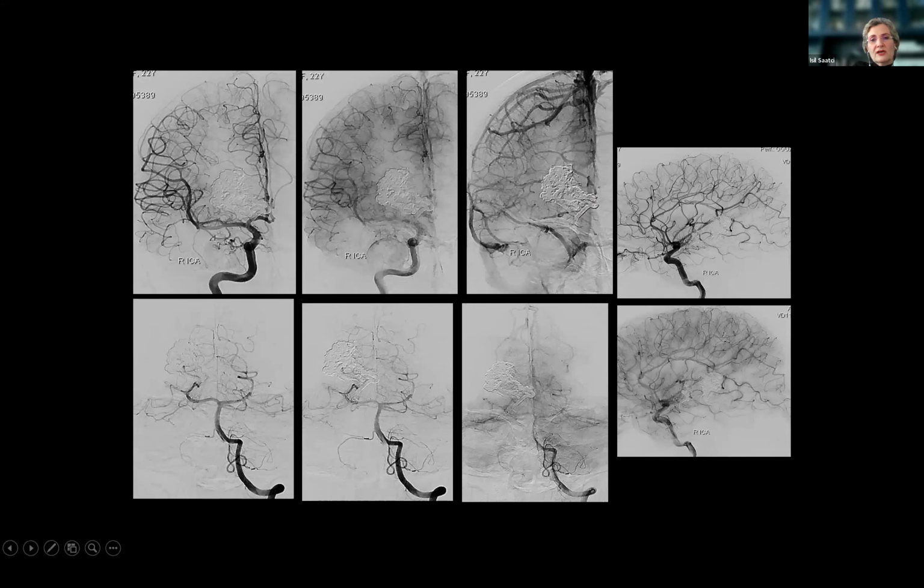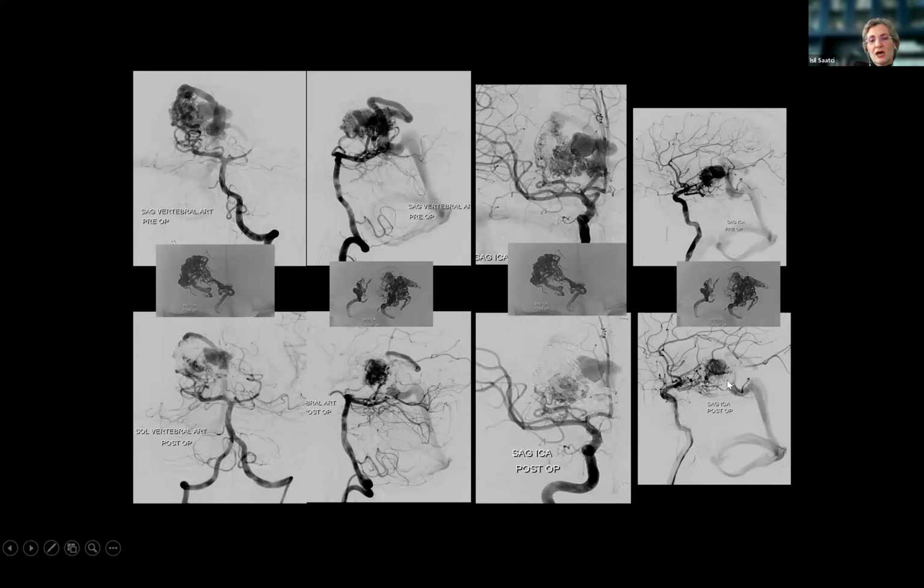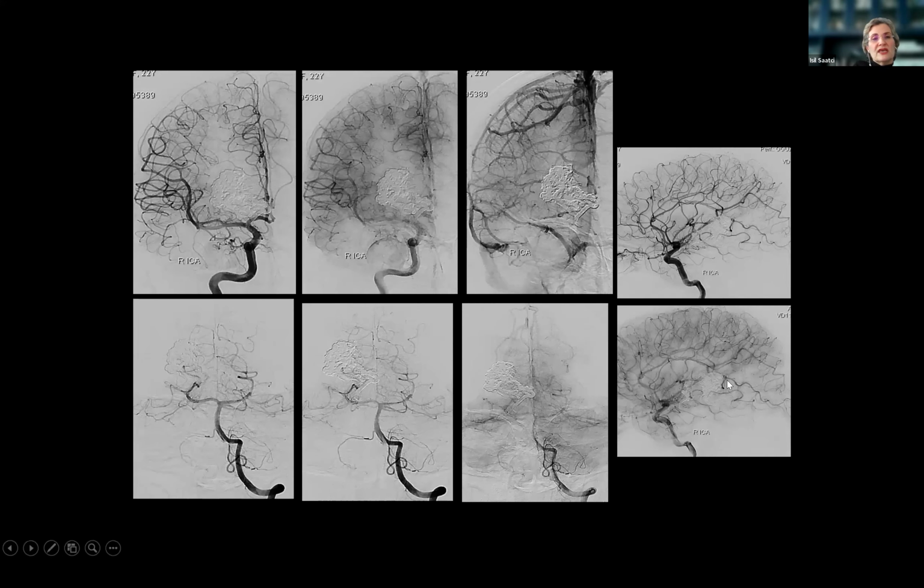After this stage, the patient was radiated, and 2 years after the gamma knife, we were able to provide a cure for this patient together.